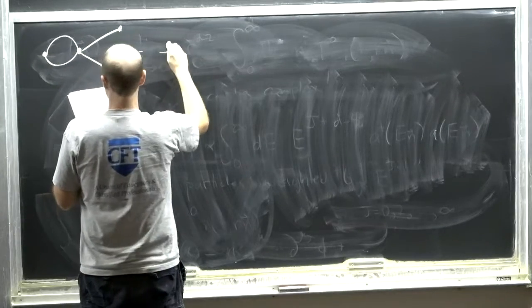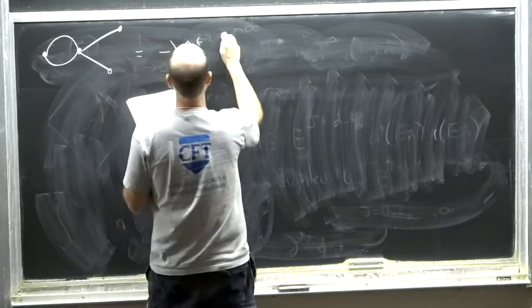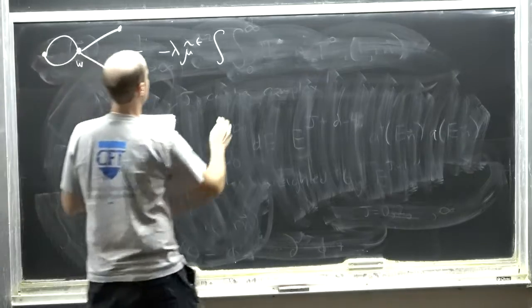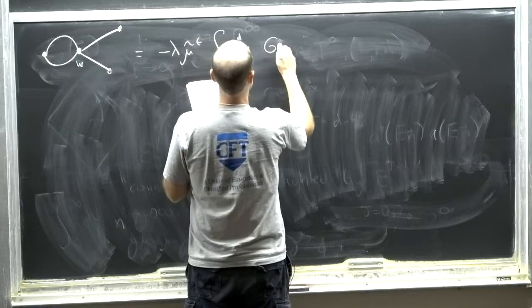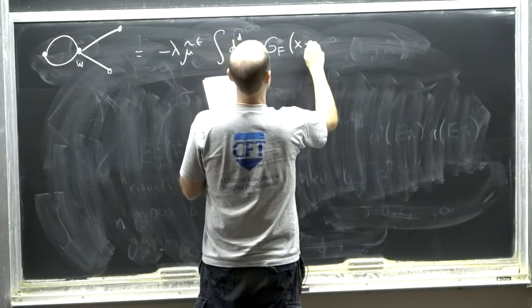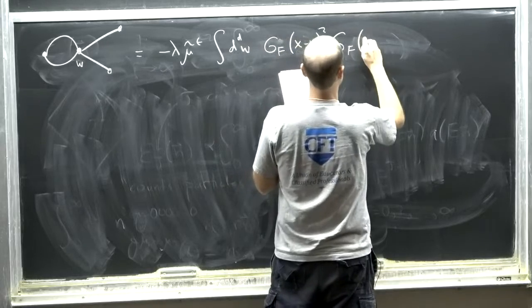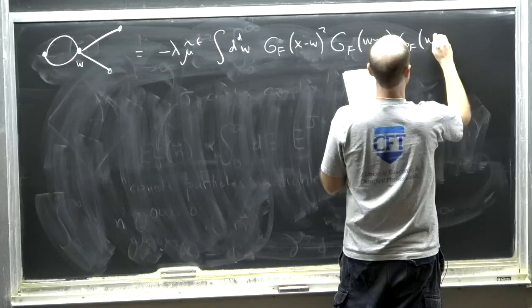So this is equal to minus lambda mu twiddle to the epsilon. That's our vertex factor. And then we have an integral over this point, which I can call w. So an integral dw G_F(x minus w) squared, G_F(w minus y), G_F(w minus z).